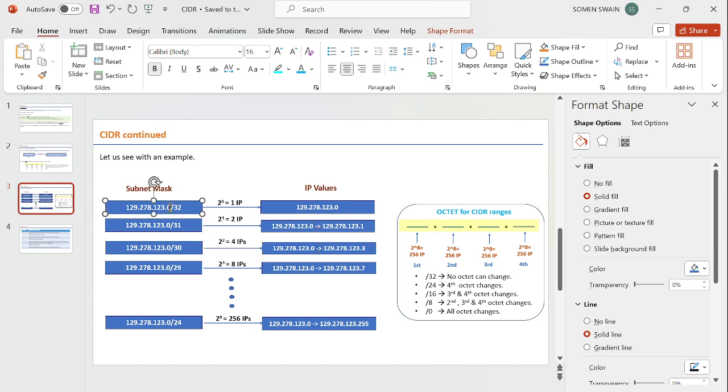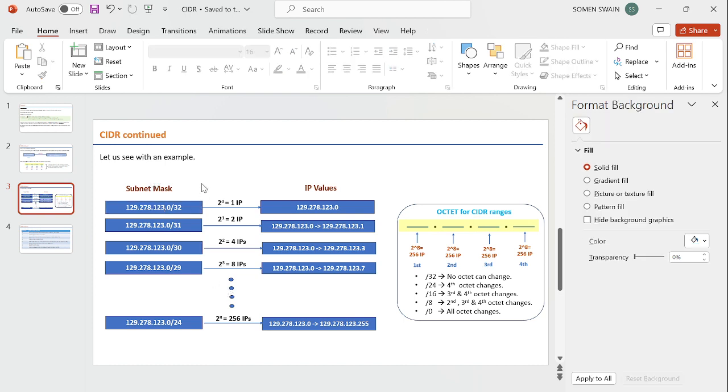Likewise, the last digit, which is this 0, can at max have a value of 255. Once it crosses the value of 255, it goes to the next octet, which is the third octet, as we see over here. That's how your subnet mask to IP is derived. Subnet to CIDR ranges is also given over here.